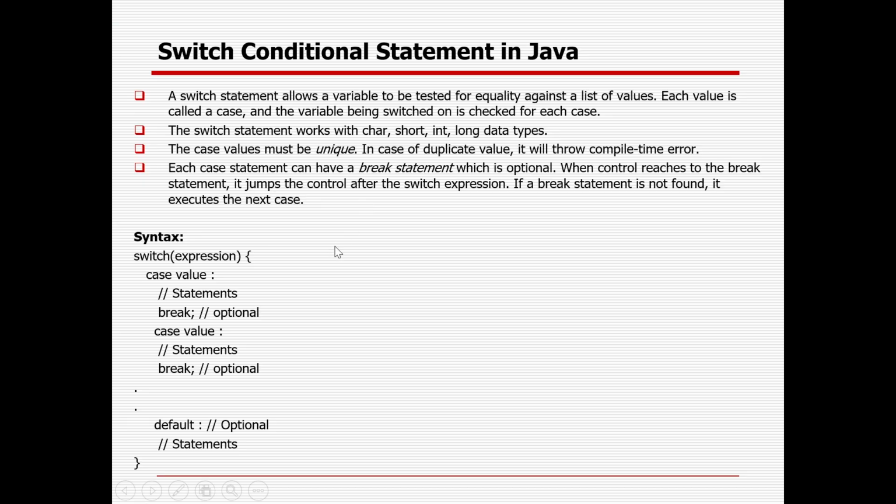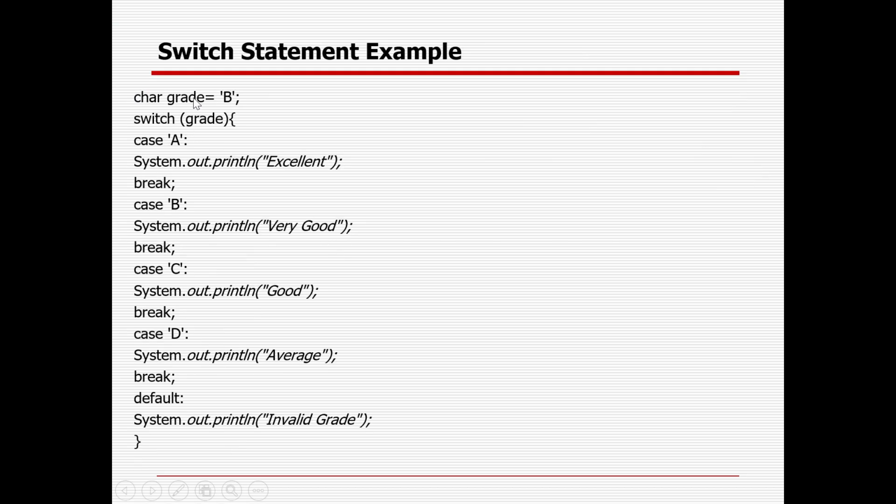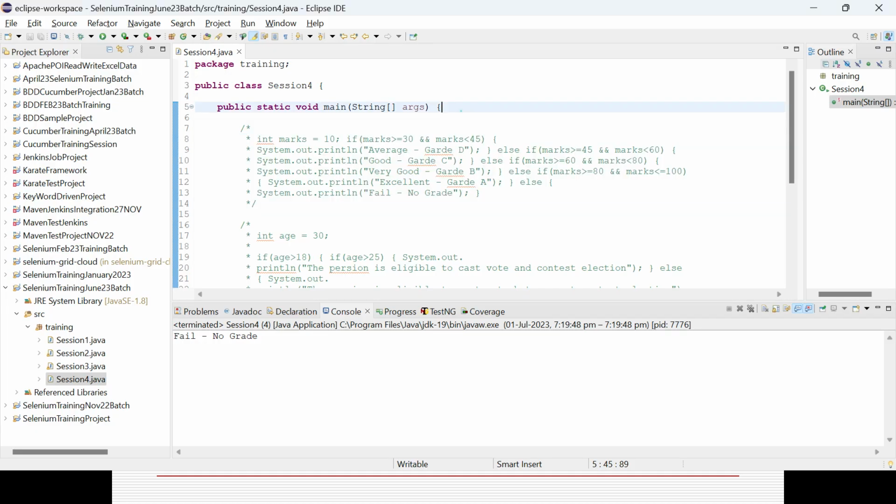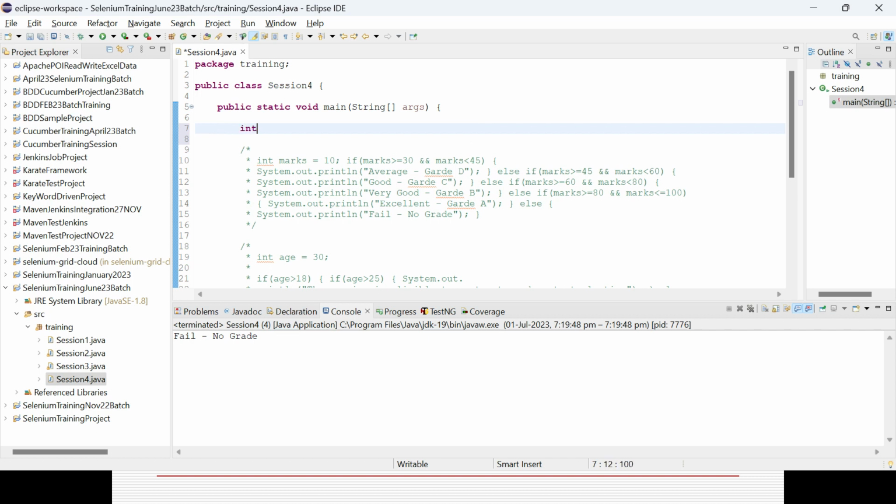Another example I have given with the char, so that part you can try at home. And here I will cover another example. I will go with an integer variable. Say in a particular school, there is lower primary school, high school, college, like that.